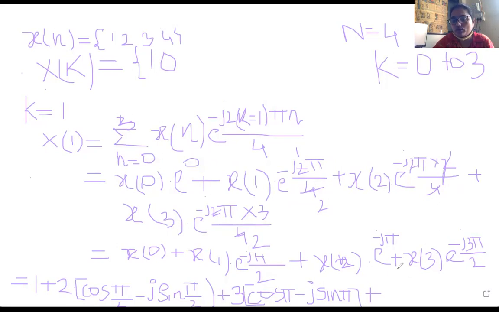X of 3 is 4, so I'm going to substitute here: x of 3 is equal to 4 into the bracket, cos 3 pi by 2 minus j sin 3 pi by 2.